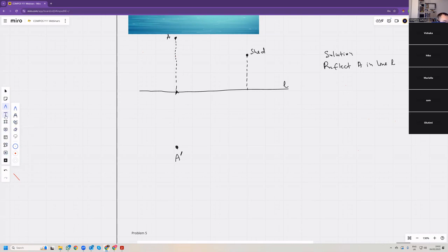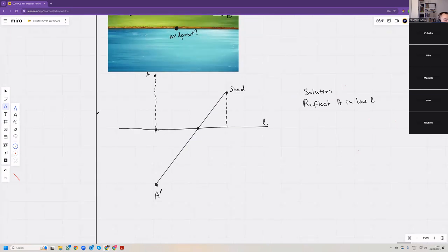from A dash to the shed. And that's the point where you need to grab the water. Let's call it point G, for grab.